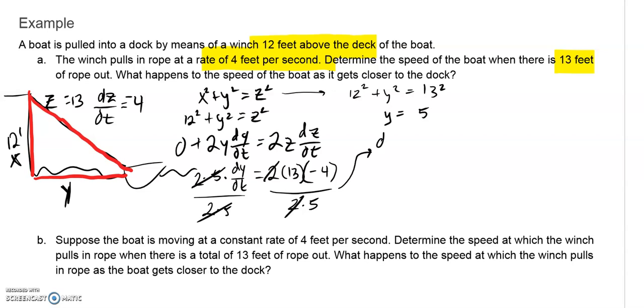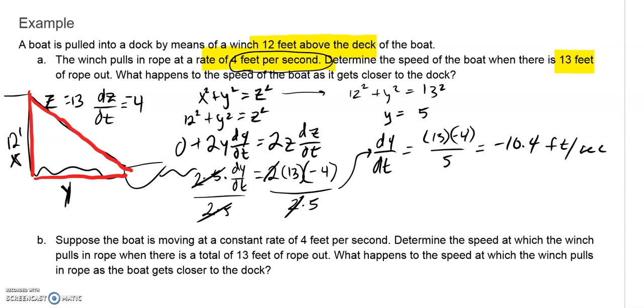So you'd have dy dt is equal to 13 times -4 all over 5, which simplifies to -10.4 feet per second, because that is how quickly that boat is being pulled in. So that's the change in that distance from the boat to the dock in terms of seconds.